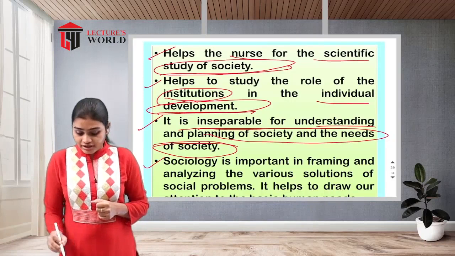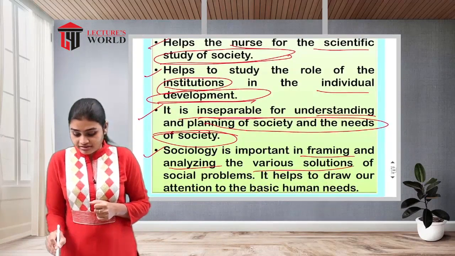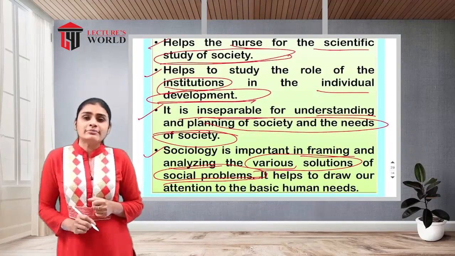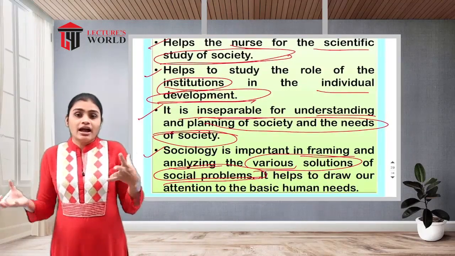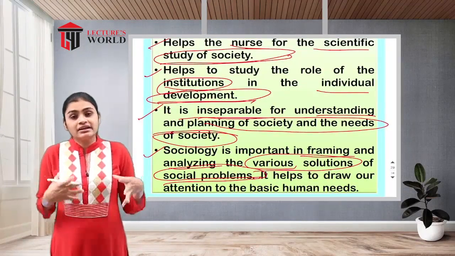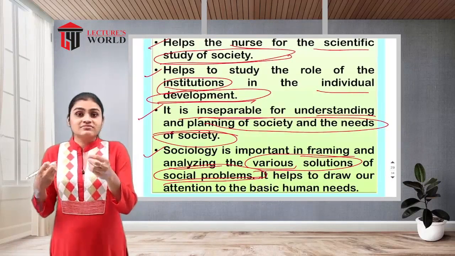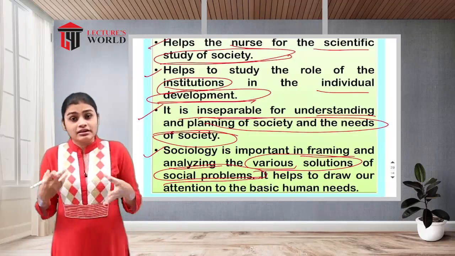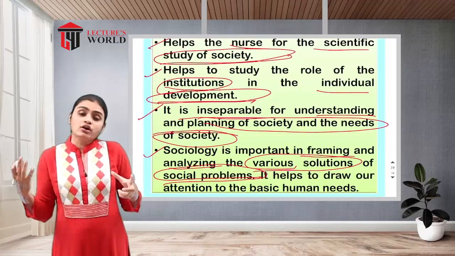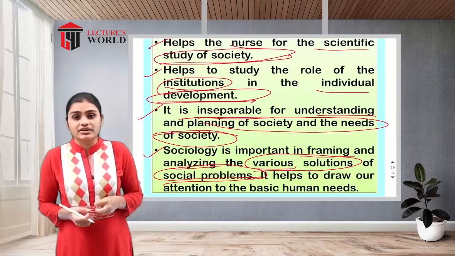The next point is that sociology is important in framing and analyzing various solutions to social problems. Social problems might be robbery, empowerment issues, unemployment, or racism, which is discrimination of races. These are all social problems we face in our society.